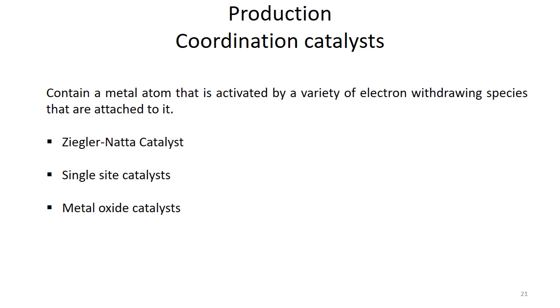One of them is Ziegler-Natta catalyst, the other one is single site catalyst, and the third one is metal oxide catalyst. Within each category there are many variants, and there are also hybrids which combine chemical structures borrowed from more than one family of catalysts. It means there could be a combination of these catalysts.